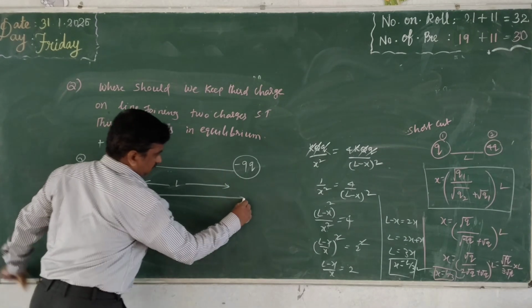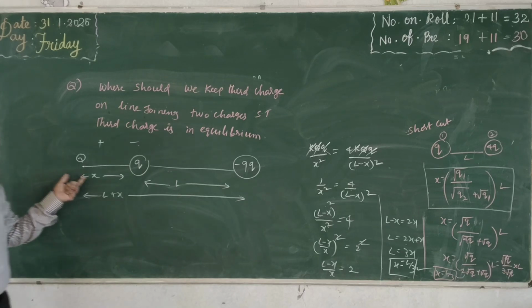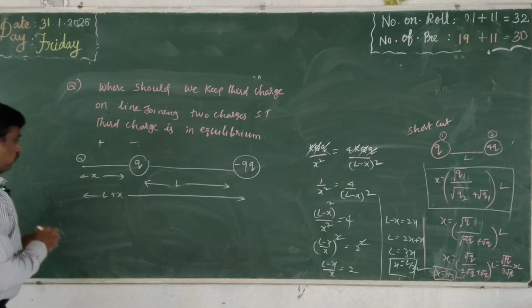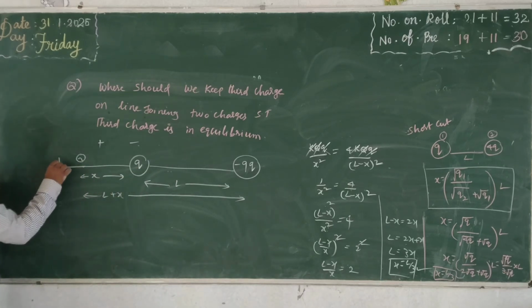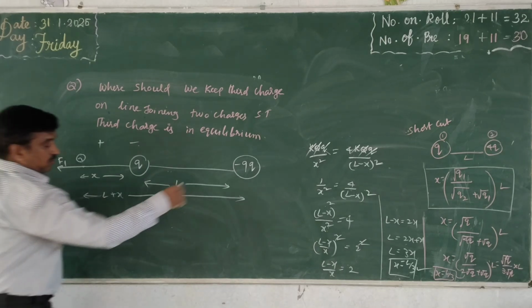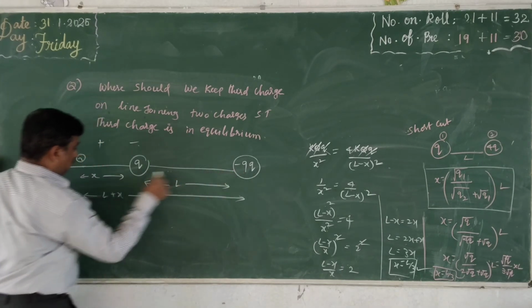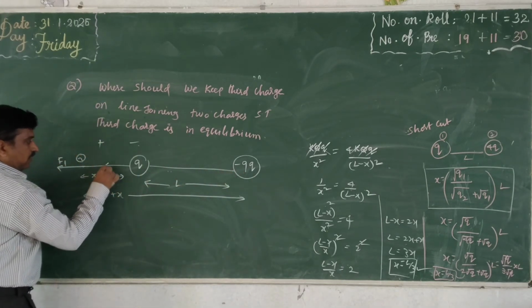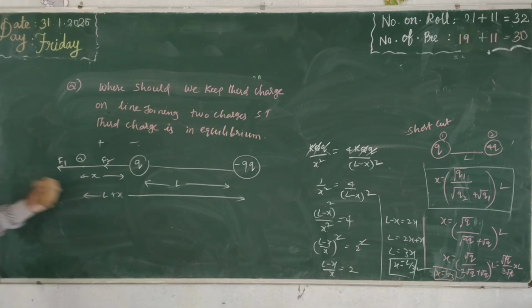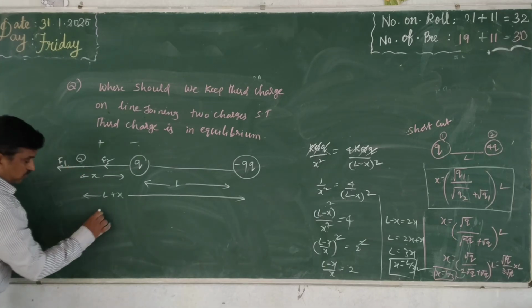Force on Q due to the first charge is in this direction, that is F1. Force on capital Q due to 9Q is in this direction, that is F2. Both are in the same direction, one will be plus, one will be minus.